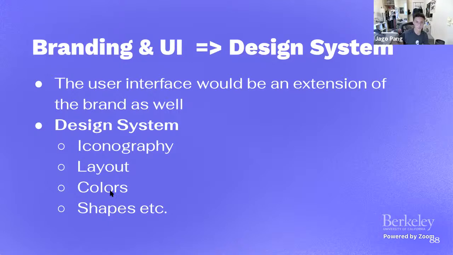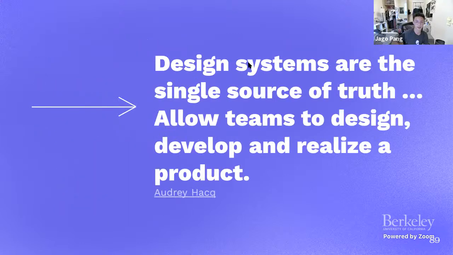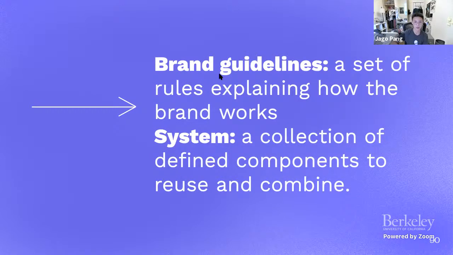But what is different about a design system compared to brand guidelines is that a design system is the single source of truth. They allow teams to design, develop, and realize a product. Brand guidelines are a set of rules that explain how a brand works, while a design system is a collection of defined components that people can reuse and combine.